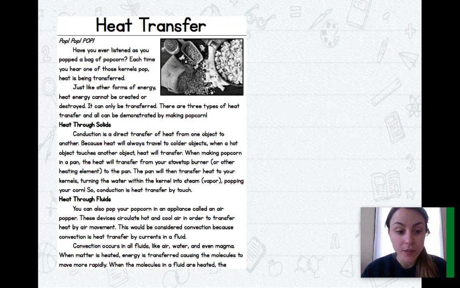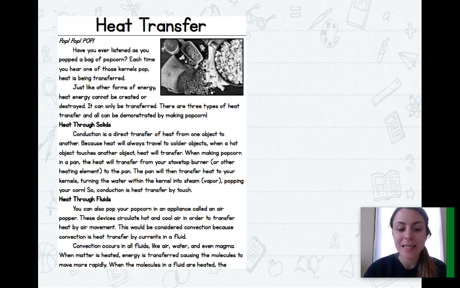Heat through fluids. You can also pop your popcorn in an appliance called an air popper. These devices circulate hot and cool air in order to transfer heat by air movement. This would be considered convection because convection is heat transfer by currents in a fluid. Convection occurs in all fluids, like air, water, and even magma.